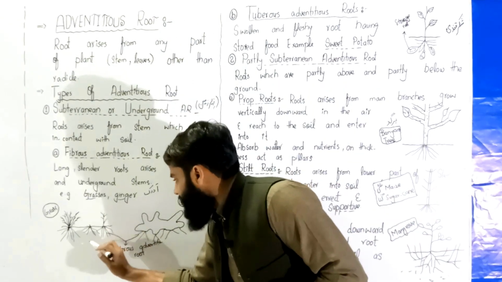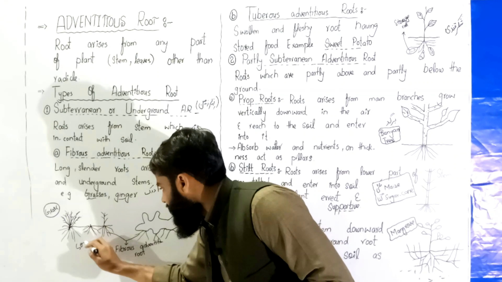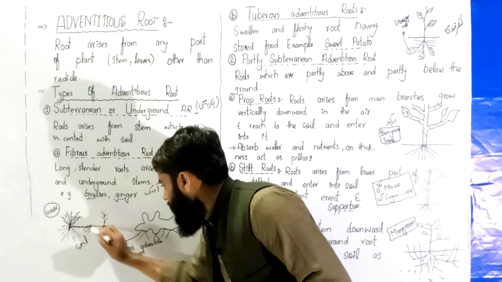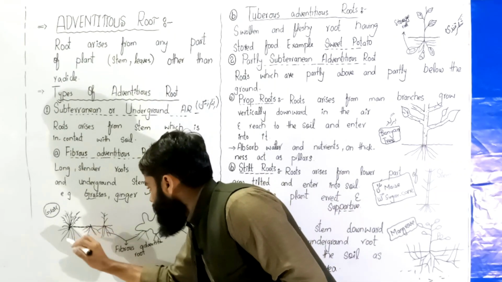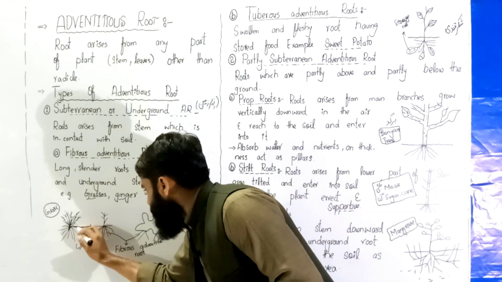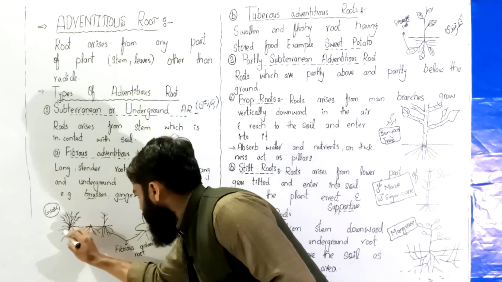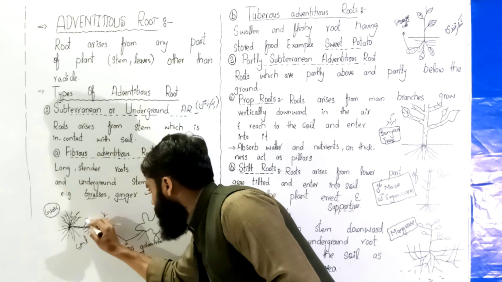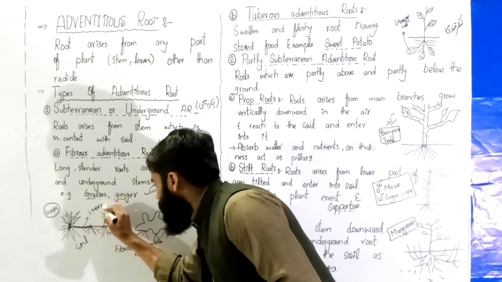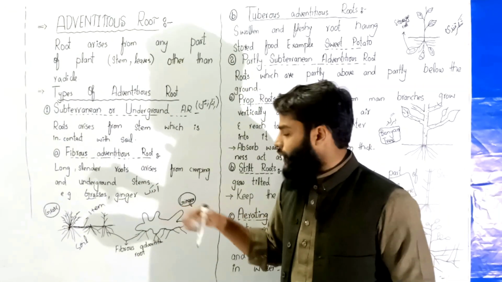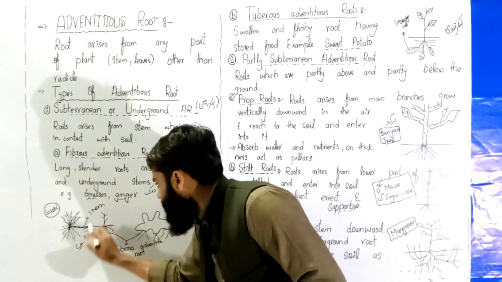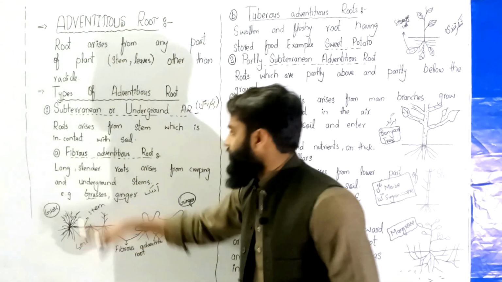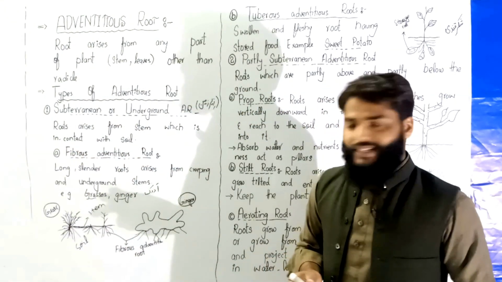If you look at the structure of grasses, if this is the soil and this is the upper part of the soil, we will see that this stem is creeping on the soil surface, and from this stem small roots arise which are known as the fibrous roots.